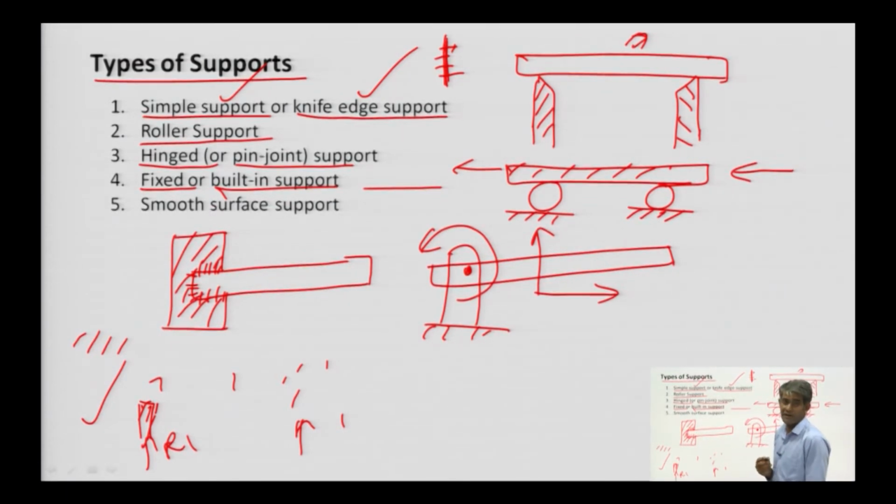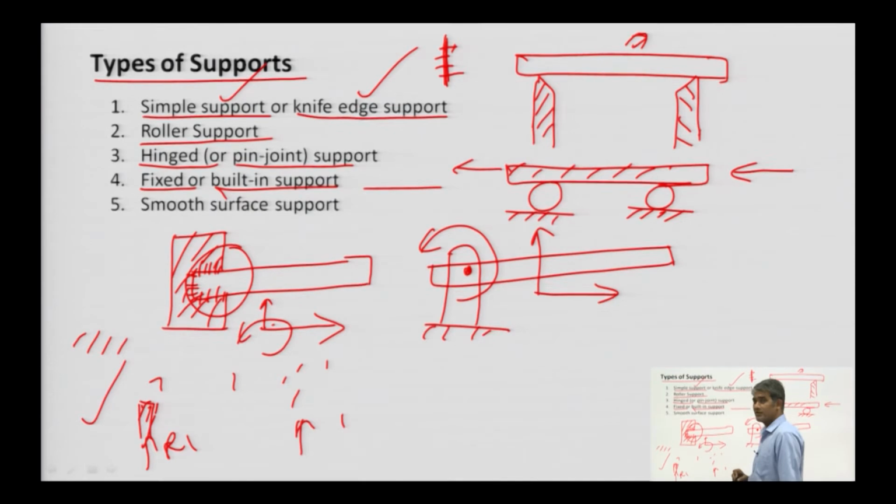What I mean to say is that at this contact, this rod is neither going to move in this direction, nor in this direction, nor can it rotate in this direction. Means all three types of degree of freedom at this contact point are restricted.